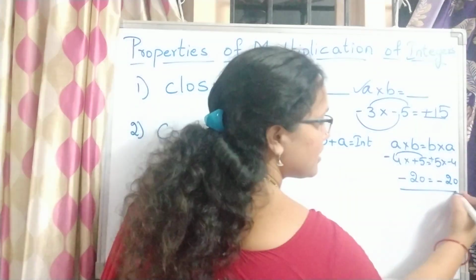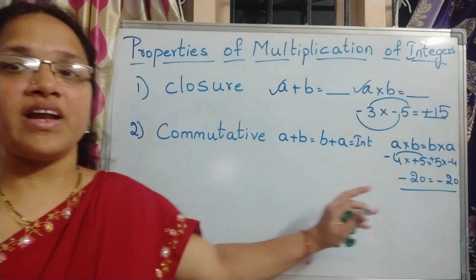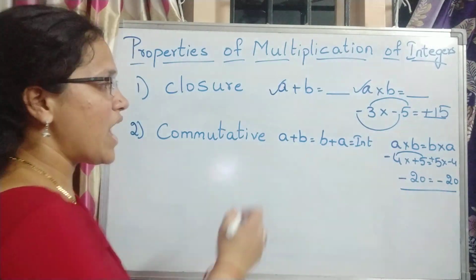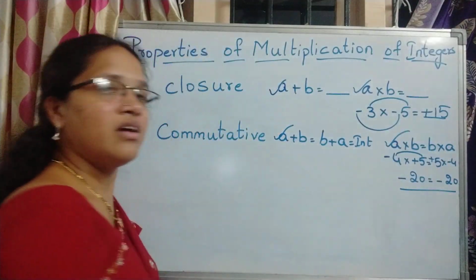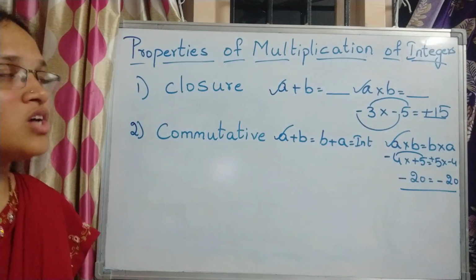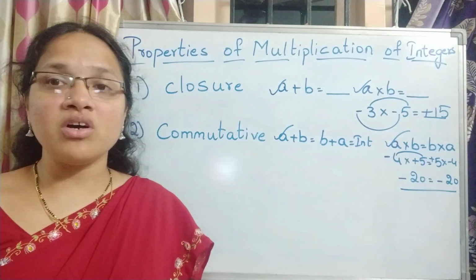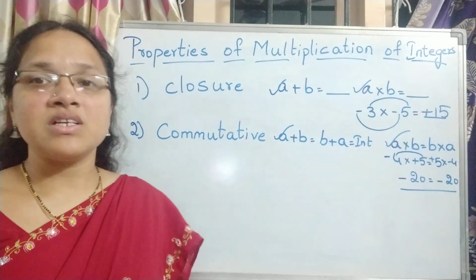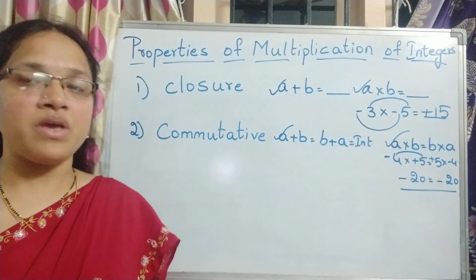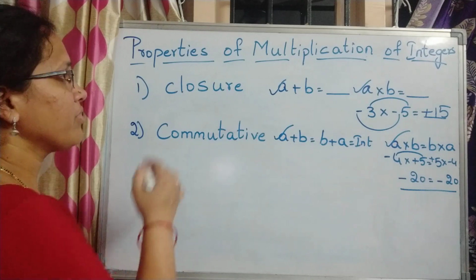So commutative property is also satisfied under multiplication. As it is satisfied under addition, it is also satisfied under multiplication. We learned at that time that it is not satisfied under subtraction. Why? Because you cannot get the same answer, a minus b is not equal to b minus a.